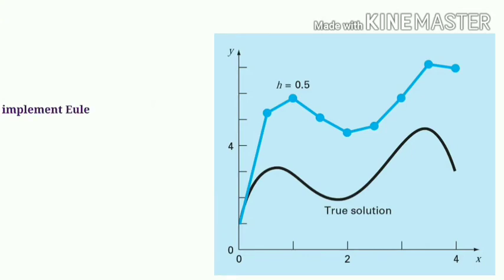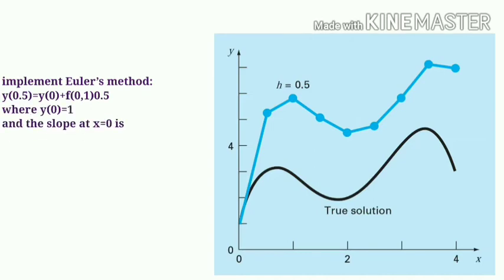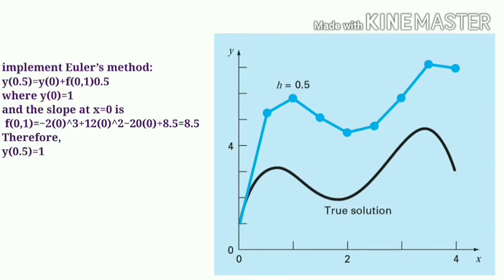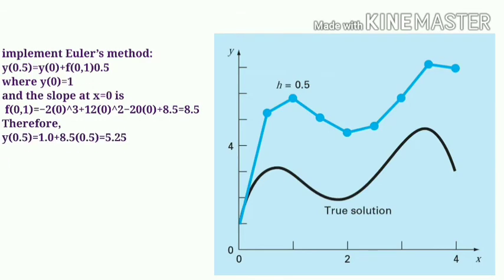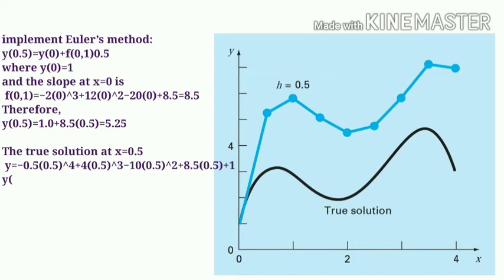Next we will implement Euler's method, where y at 0.5 is equal to y of 0 plus slope at 0, 1 into 0.5, that is h. When we put all these things in the equation, we get y at 0.5 is equal to 5.25, whereas for the true solution, if you put the value 0.5 into the equation, we will get 3.21.